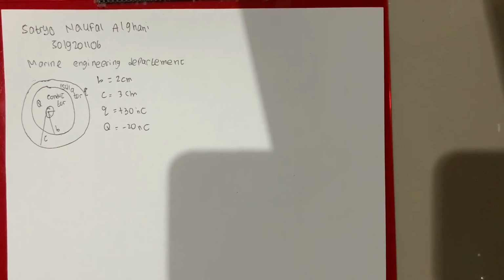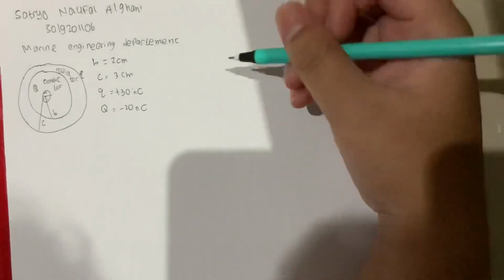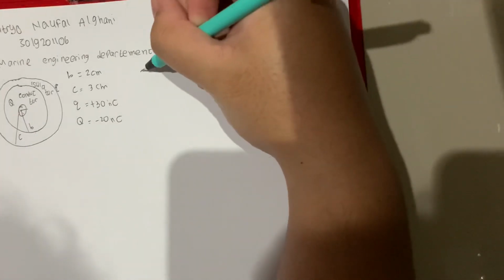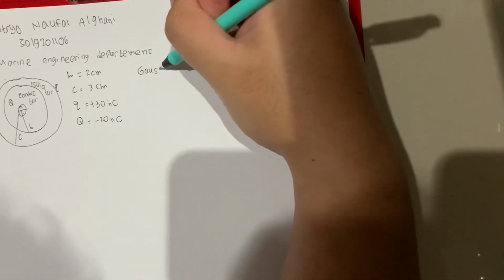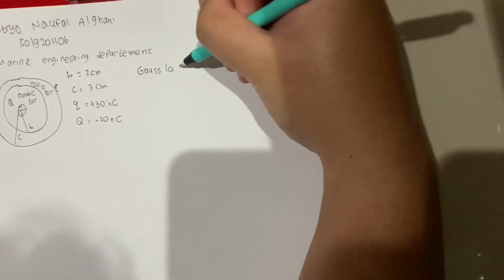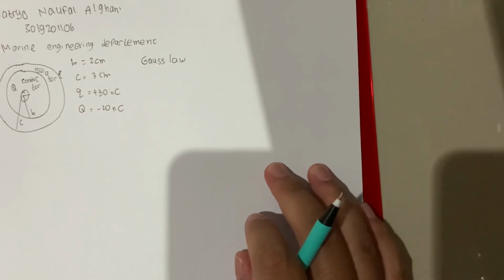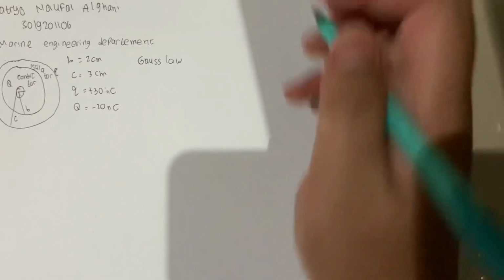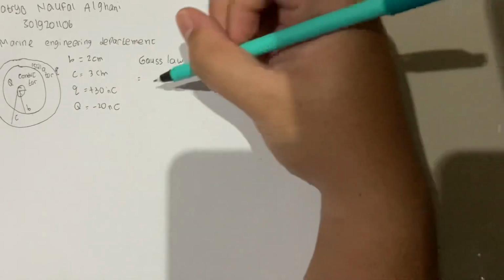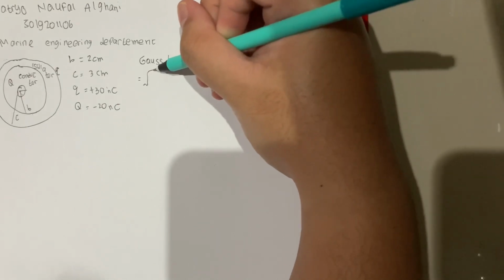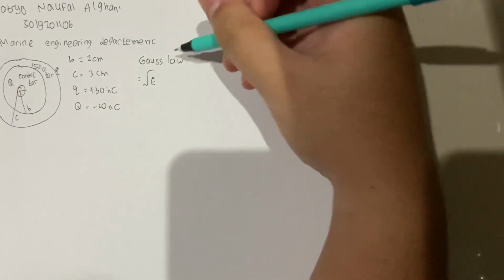After we know where the conductor and the isolator are, we will continue using the Gauss law. So we're going to write the Gauss law equation, which is the integral of E times dA equal to Q divided by epsilon 0.